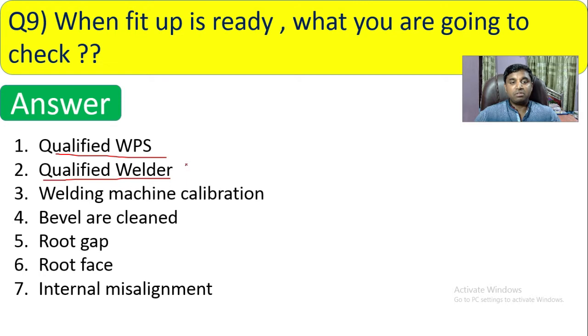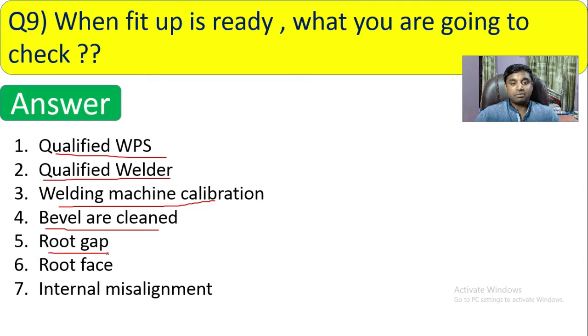In that WPS there is a WQT or not, the welder qualification test, as a qualified welder, and in that WQT the WPS number is mentioned. Everything we have to check in that WQT. Welding machine calibrated or not? If the calibration is not there, then you need the calibration first. Bevels are cleaned or not? If the bevel is not clean, maybe the joint cannot get a sound weld.